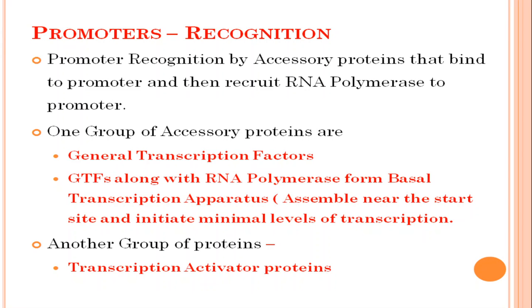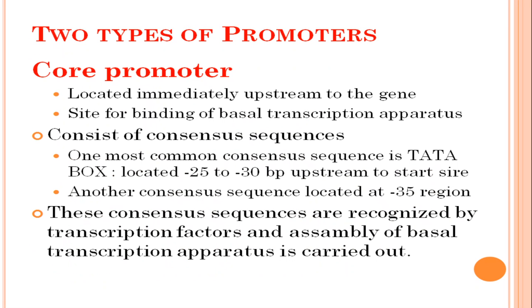These general transcription factors recruit RNA polymerase at the promoter, and along with RNA polymerase, they form the basal transcription apparatus, which is assembled near the start site and initiates the minimum level of transcription. The other group of proteins is known as transcription activator proteins. So keep in mind, two types of factors are involved. Number one, general transcription factors, and second, transcription activator proteins.